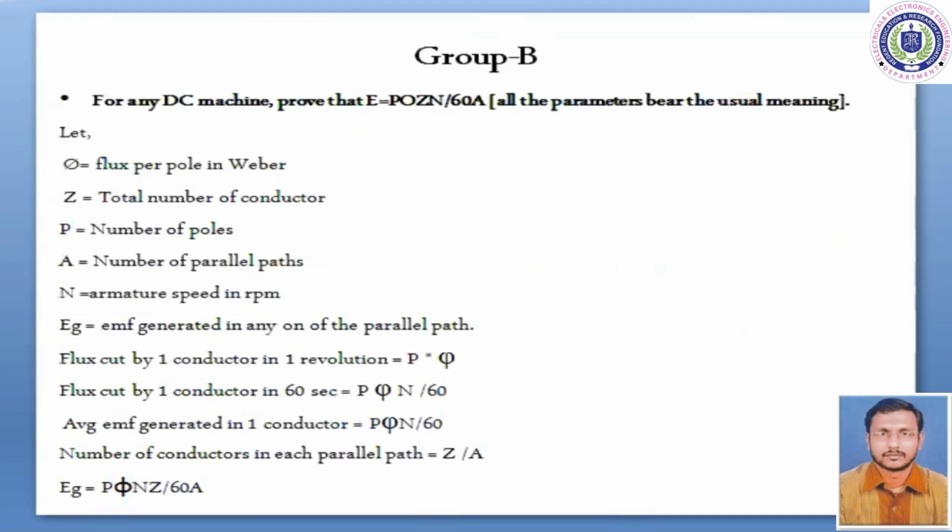For any DC machine, prove that E is equal to PΦZN by 60A.